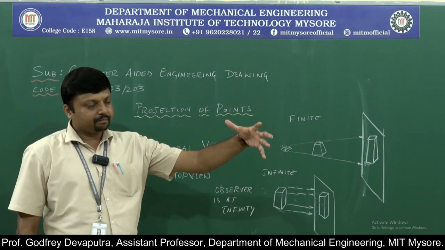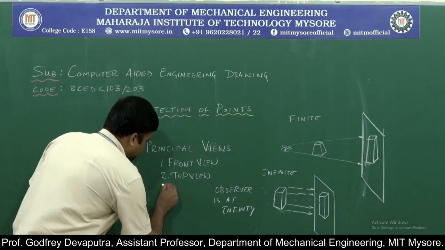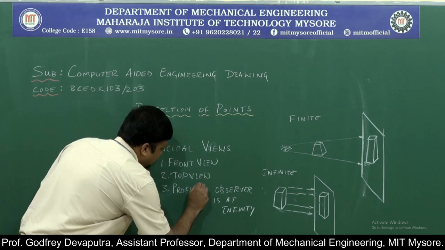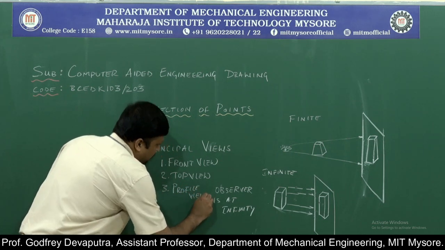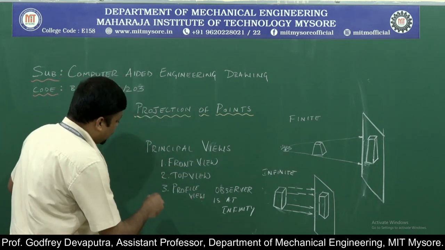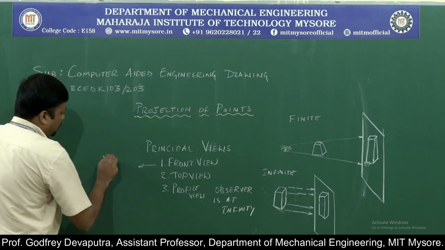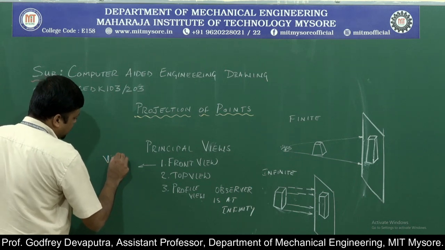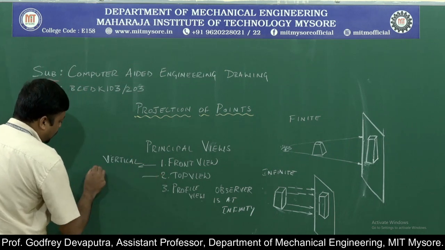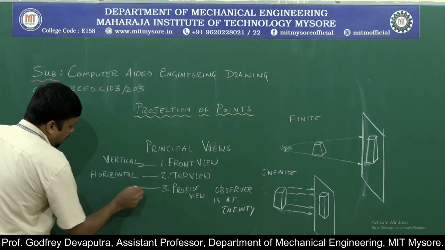And if these two views are not enough, then we will be imagining as if we are looking from the side of the object and we look at the object and project onto a plane of projection which is relatively available over there. We call those things as profile views. So these three views are called as the principal views, and correspondingly these views are projected on vertical plane, horizontal plane and profile planes.